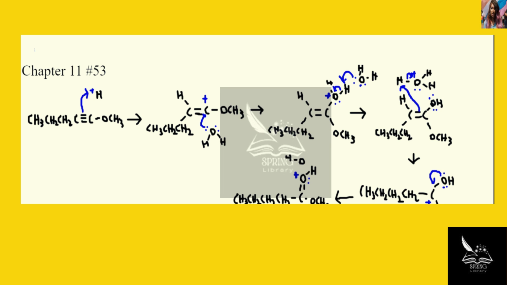Obviously, we've used water several times so far in this reaction. So water with its two lone pairs can grab that proton, those electrons can revert to that oxygen, and that is going to form our carbonyl. And so we'll get to our final product here, which, as I said, is the methyl ester.